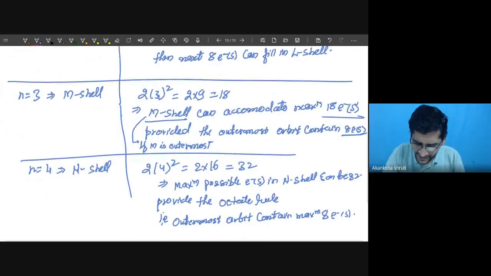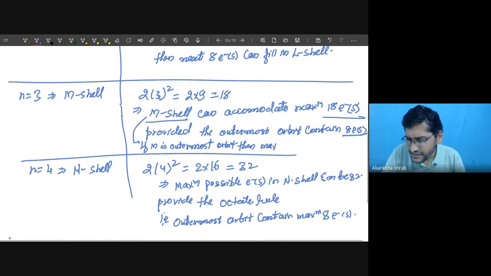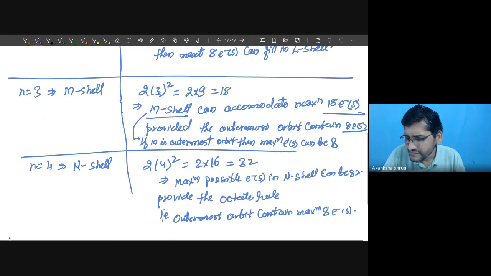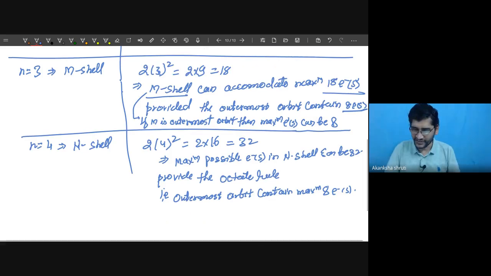So here, if M is the outermost orbit, then the maximum electrons in it can be 8 only. More than 8, it has to go to the next.